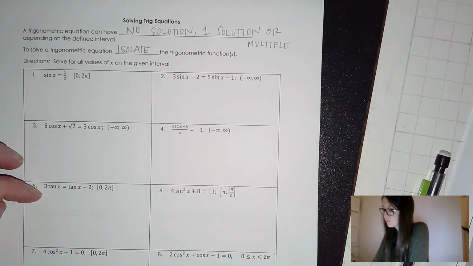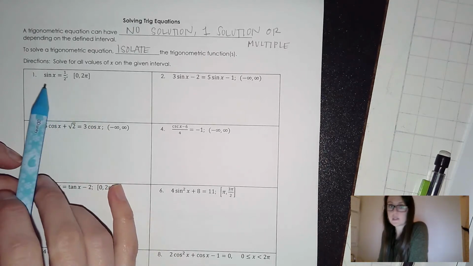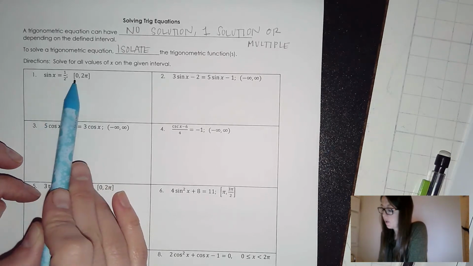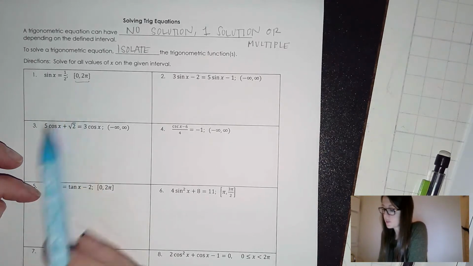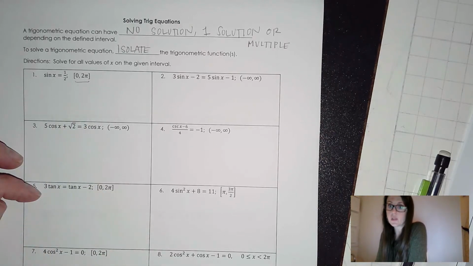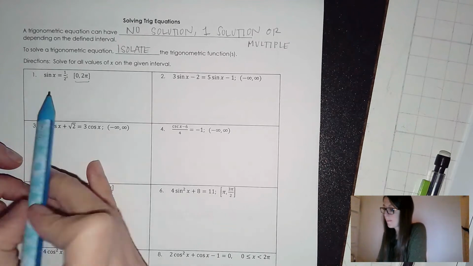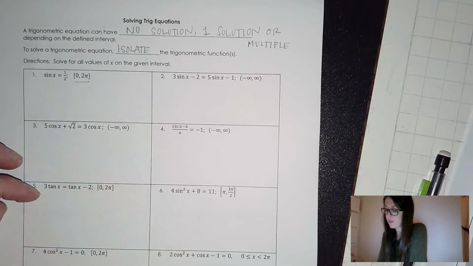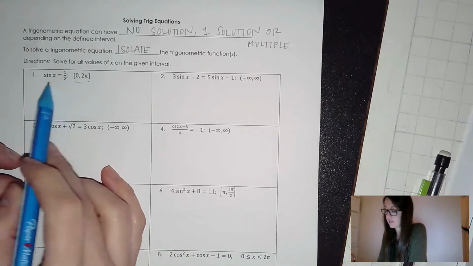Okay. So this says solve the equation for x on this defined interval here, so between 0 and 2 pi. That means one full rotation of the unit circle. So where is sine going to be equal to 1/2? This one's isolated enough.